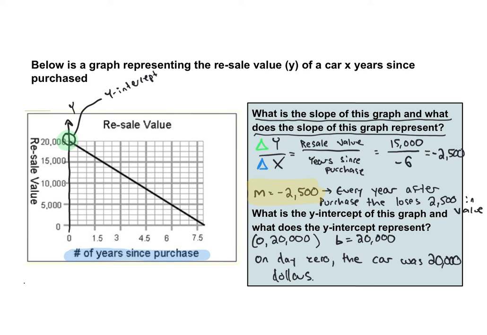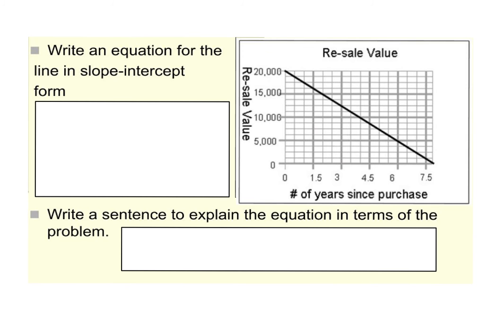Okay. And now we can write an equation. We have our m, we have our b. Let me highlight that b. And we can write an equation. So when we are writing these equations, we are working with slope-intercept form, which is y equals mx plus b, where m is our slope and b is our y-intercept.